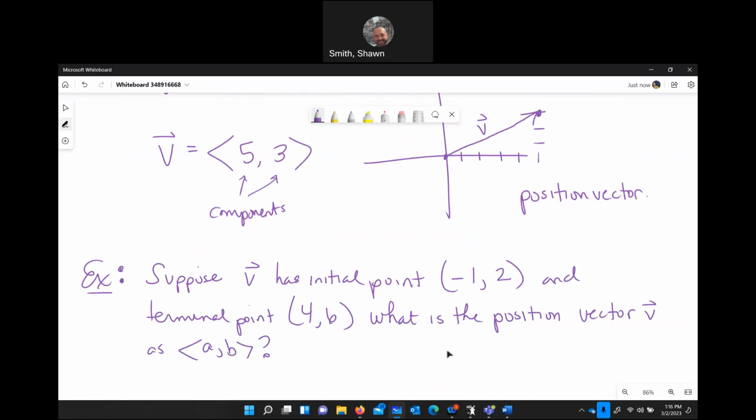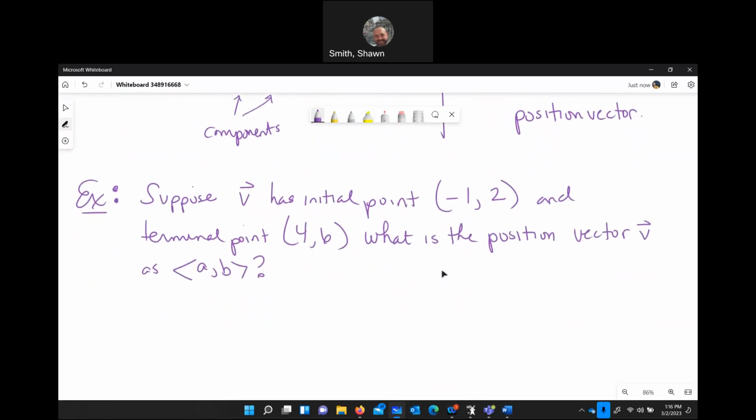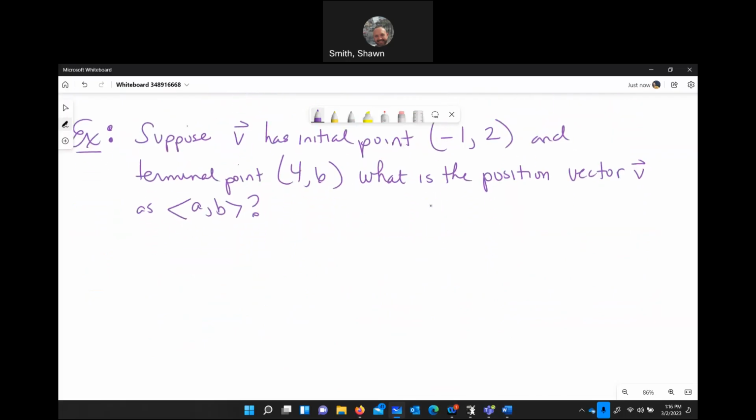Now you can memorize formulas if you want. This is not necessary. If you just think you need that initial point to get back to the origin, that's all you're doing. You can draw pictures if you need to help visualize it.